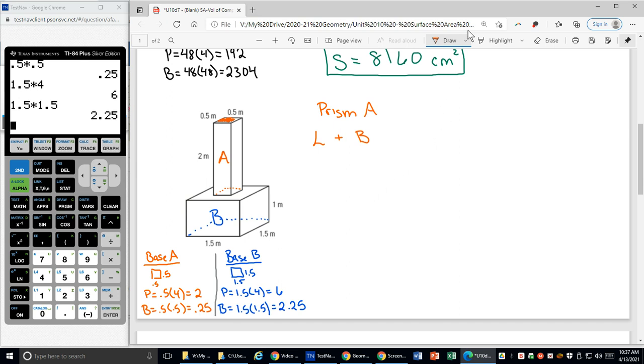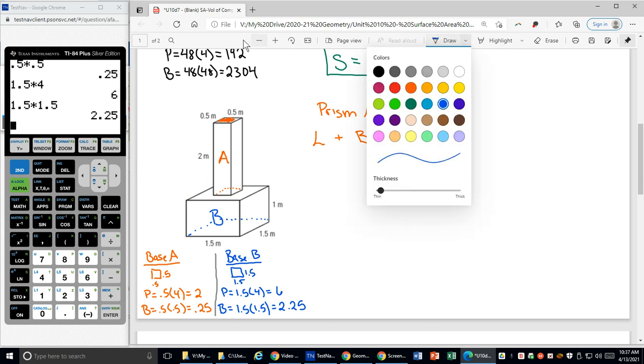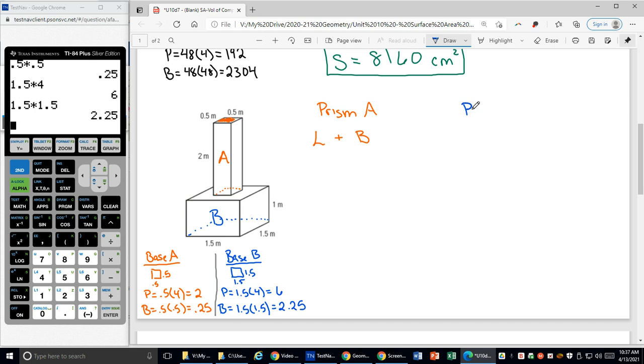Okay, then for prism B, this is where it gets really interesting. For prism B, I definitely want the sides, so I definitely want the lateral area. And when I look at my bases, I definitely want the bottom. So I do want that base. But do I want the top? Well, sort of, right? I want part of the top.